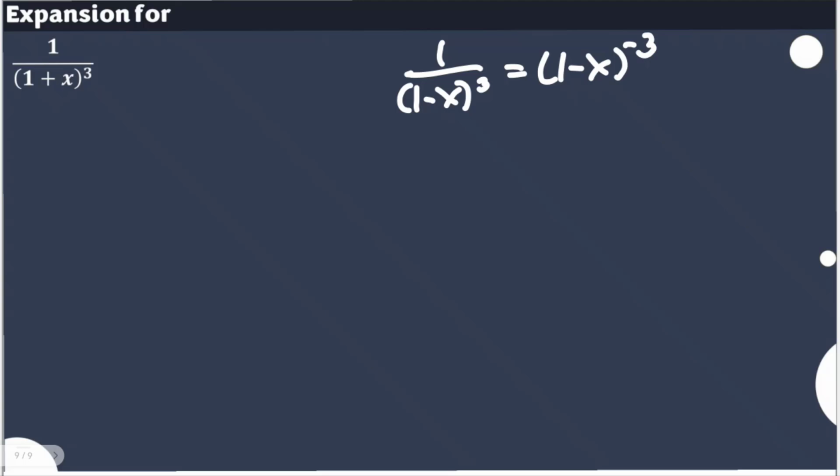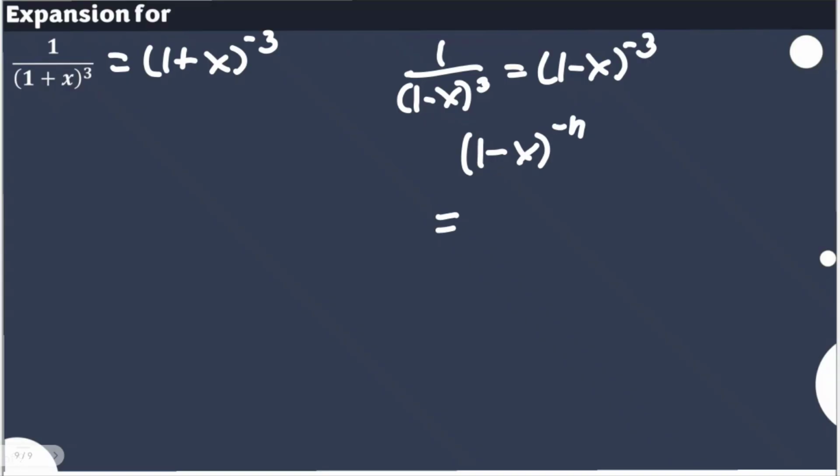Still, we'll be using the same concept, but we need to examine carefully the correct notation, especially for our x, because this can be written as 1 plus x raised to the power of negative 3. So similarly, we'll be using the general form for 1 minus x to the power of negative n, which is expressed in this manner.